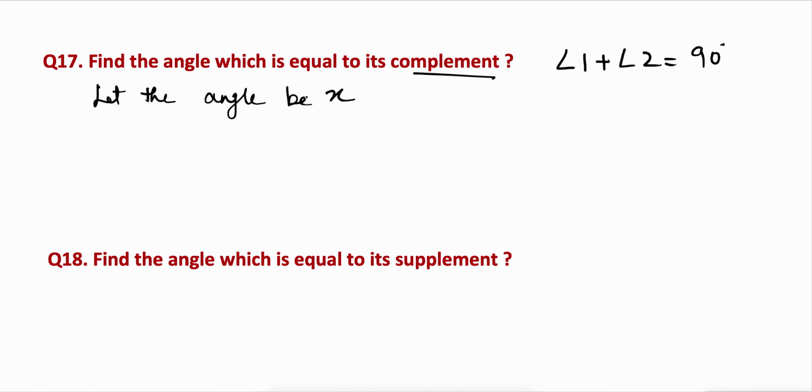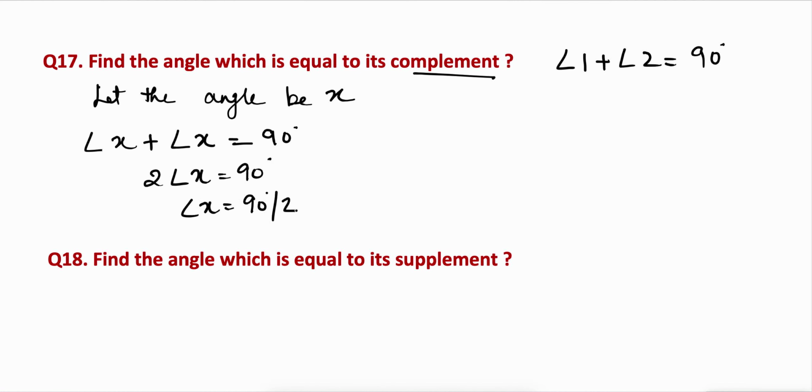So angle x plus angle x is equal to 90 degrees. So 2 times angle x is equal to 90 degrees, and angle x will be 90 divided by 2, which comes to 45 degrees. So the angle which is equal to its complement is 45 degrees, because the complement of 45 is itself 45 degrees.